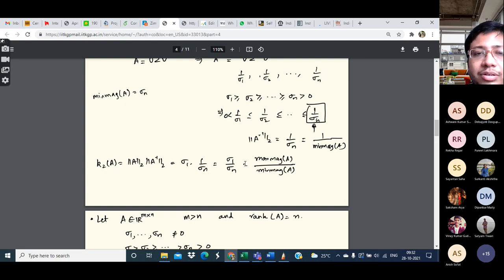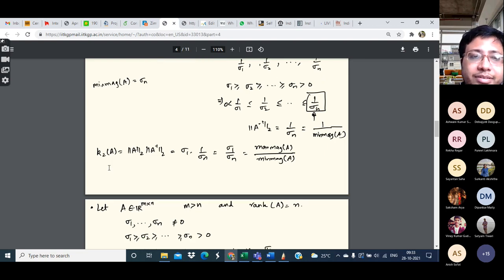We can understand the condition number of the matrix A to be the ratio of its largest and smallest singular values, right? The singular value with the maximum magnitude and the singular value with the minimum magnitude. This thing is called the condition number of the matrix.